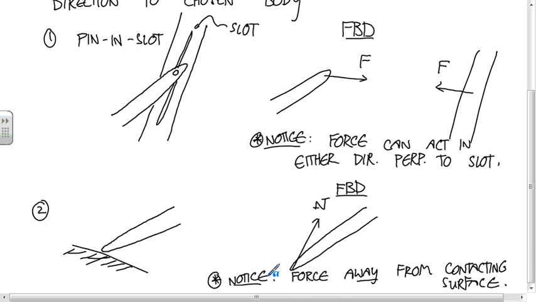And then the last one, where the force is an unknown magnitude in a known direction, is a roller joint. That can be drawn a couple different ways.